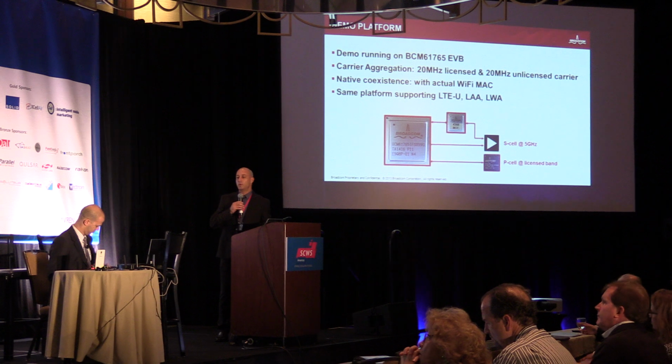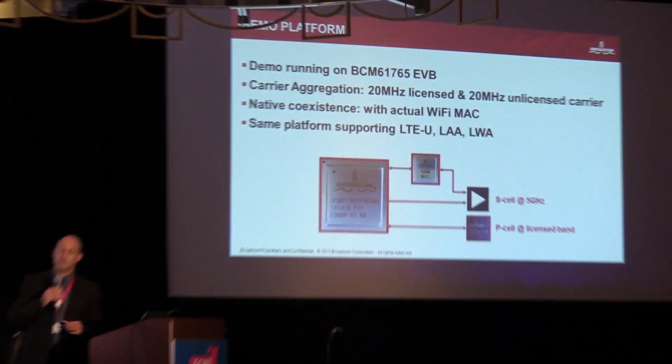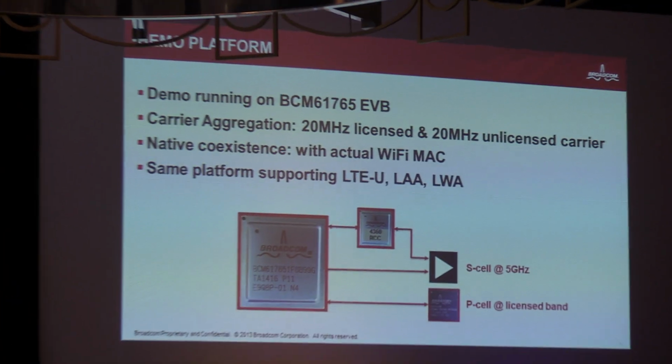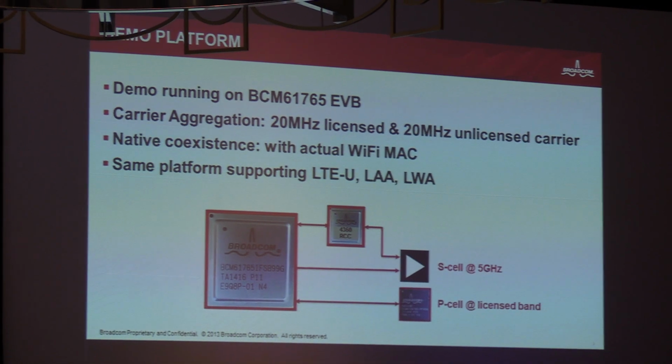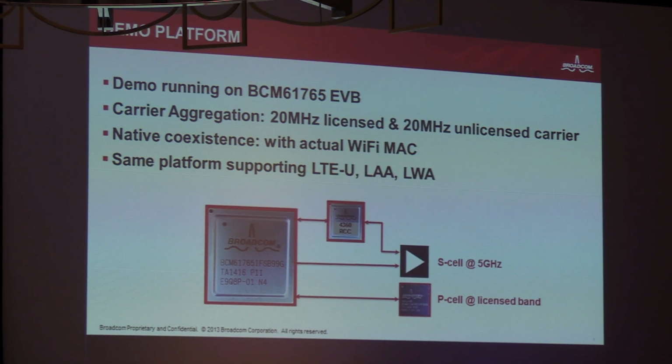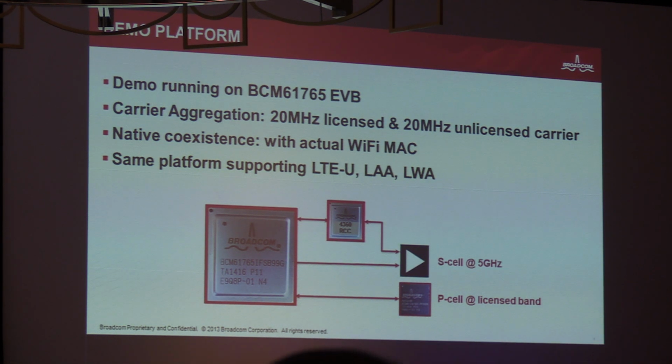We're running the demo on the 61765 evaluation board, and later on you'll be able to see it over here. The 61765 supports carrier aggregation of 2 carriers, 20 megahertz plus 20 megahertz. So we're using one carrier in a licensed band and the other carrier in 5 gigahertz.